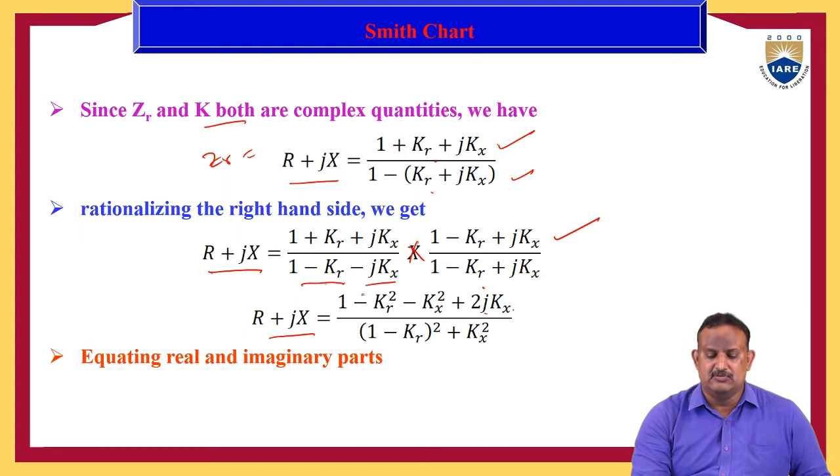Multiplying the equation, in total we have R plus jX equal to (1 minus Kr square minus Kx square plus 2jKx) by ((1 minus Kr) square plus Kx square).